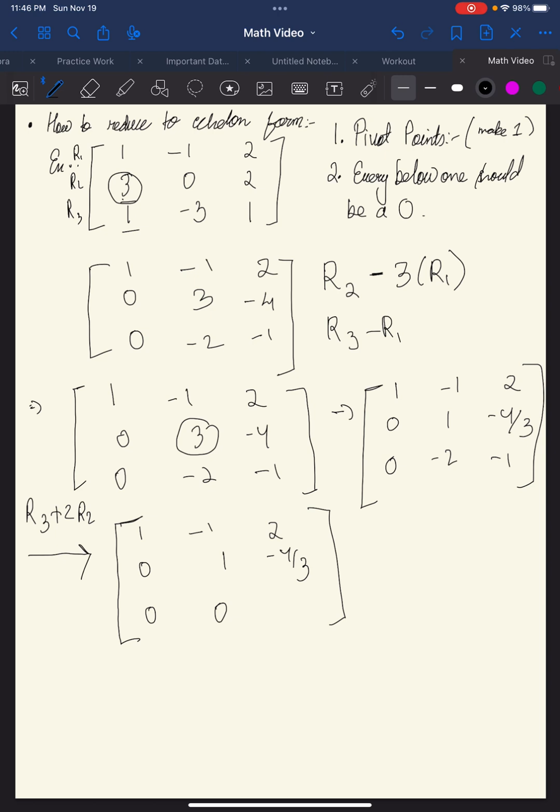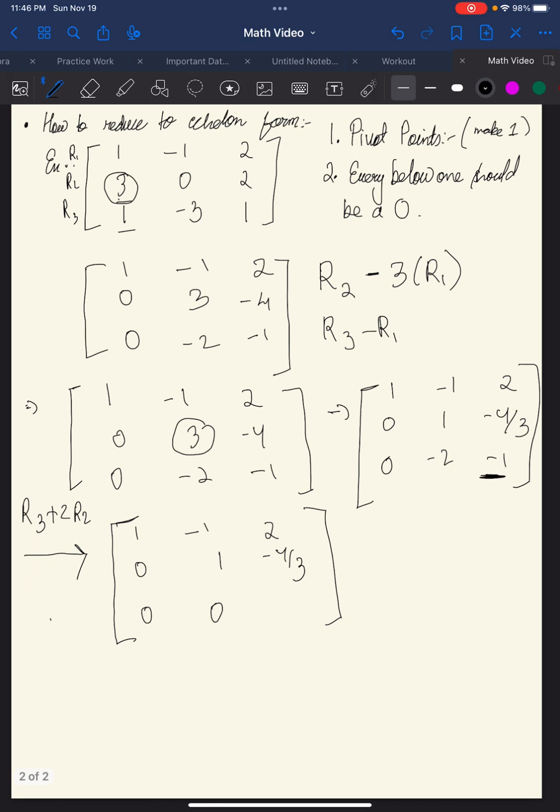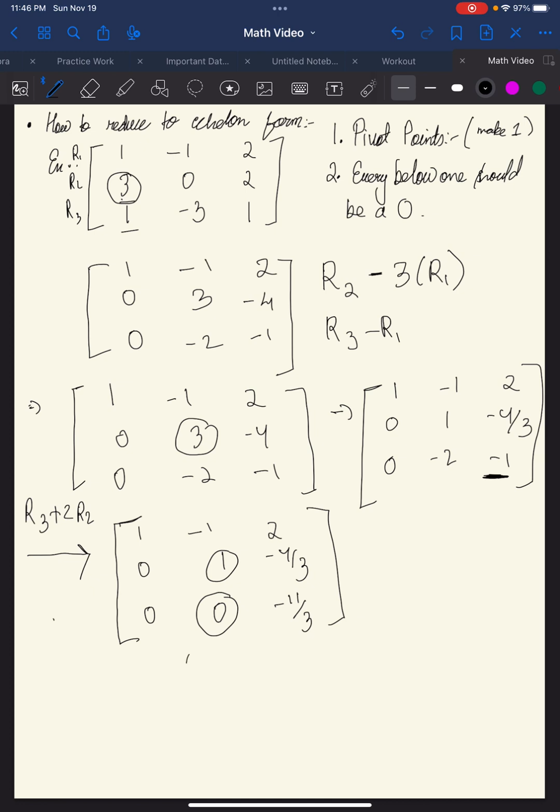And here we'll have row 3, which is negative 1 in this case, negative 1 plus 2 times 4 over 3, which will give us negative 1, negative 8 over 3, which will give us negative 11 over 3. We got 0 below the second pivot point, so this step is good.